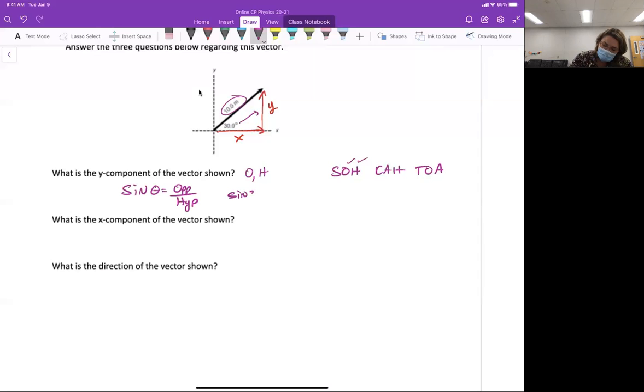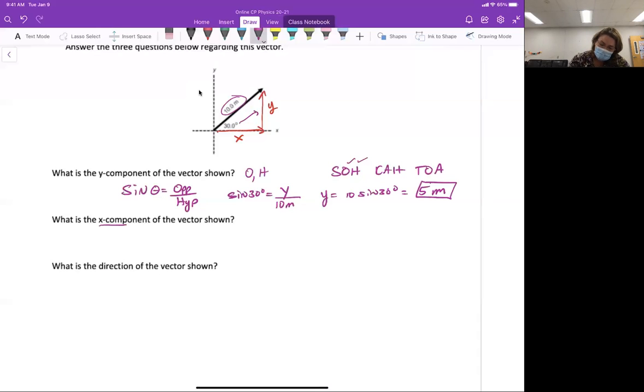So sine of 30 degrees, well, what's the opposite side of 30? That is the side that I'm trying to find, divided by the hypotenuse, 10 meters. So y equals 10 times sine of 30 degrees. And assuming I didn't make a mistake, I got 5 meters. So now I know the y component of that vector.